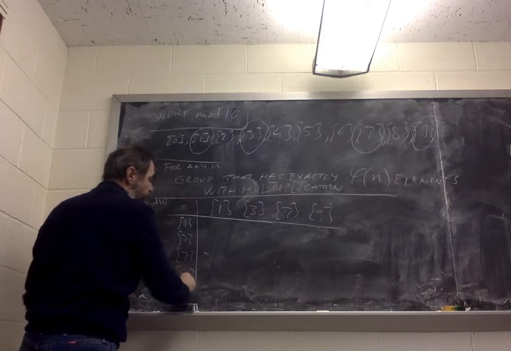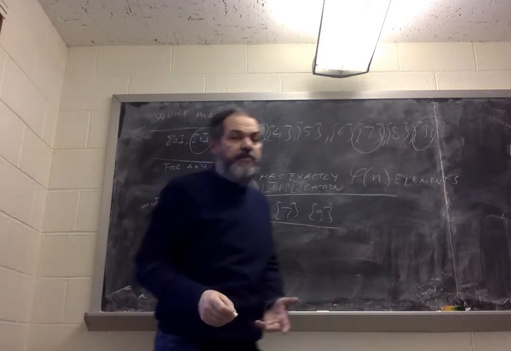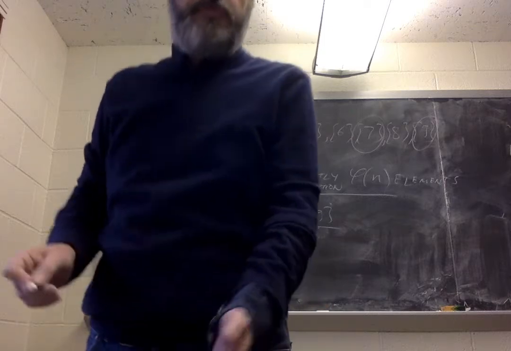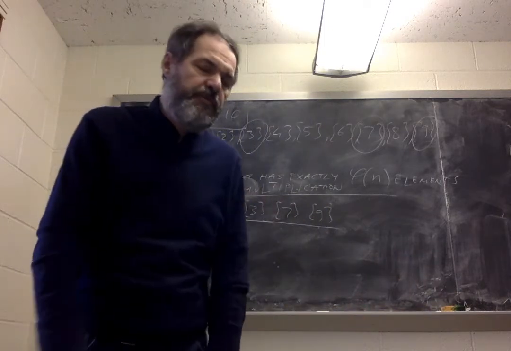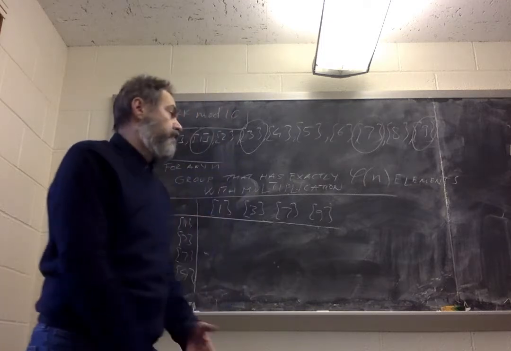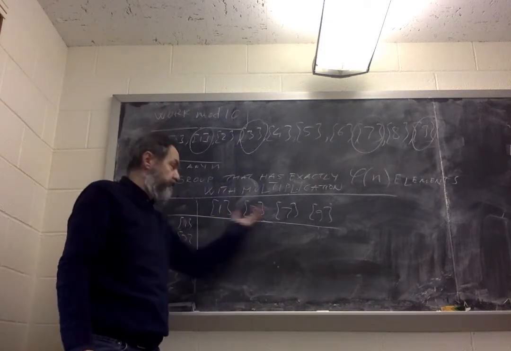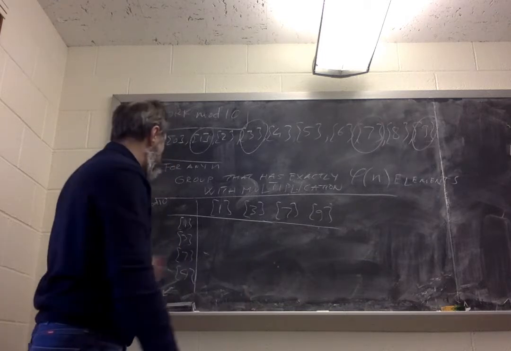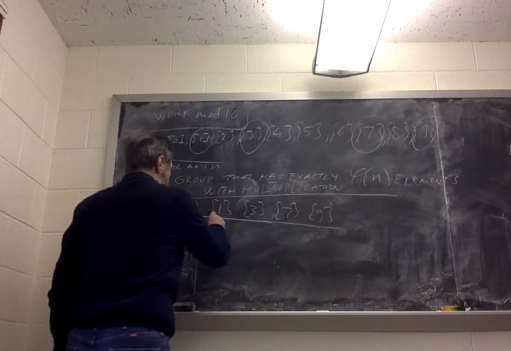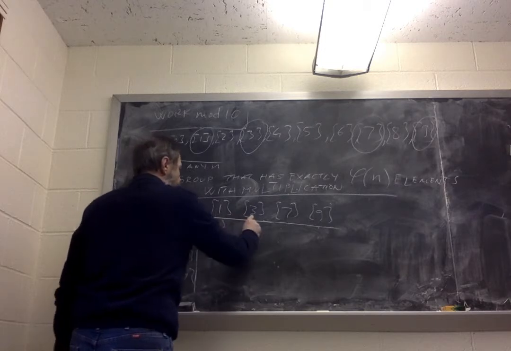When we multiply two numbers that are relatively prime with 10, none of them has 2 as a factor, none of them has 5. So the product is still relatively prime with 10. So no wonder if I multiply 2 of these classes, I get one of these classes again, relatively prime with 10. So 1 times each one is that one. 1 times 3 is 3.